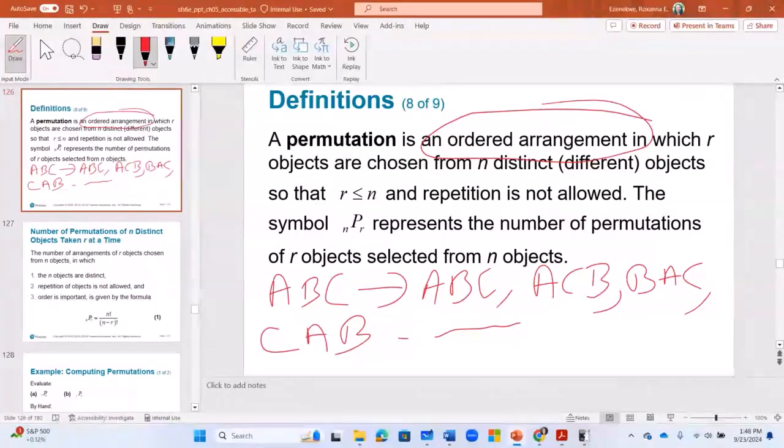If you don't understand the difference between combination and permutation, then you will never understand the question. You don't know when a question is a permutation or a combination. If a question is a permutation question, that is something that's going to tell you that it is ordered.